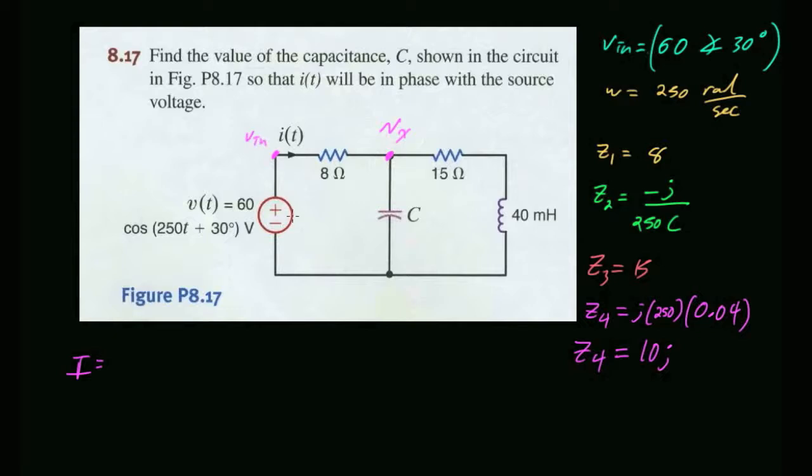And the beauty of this is that even though I'm dealing with phasors, I don't really care because the computer is going to handle all the complex numbers. I just need to write the equation and let the computer crunch the numbers for me. So my current, the one that I'm interested in, is Vin minus Vx over Z1.